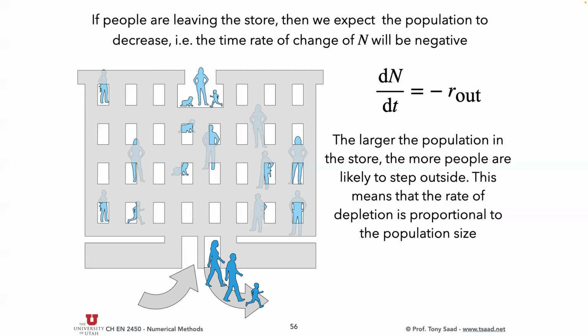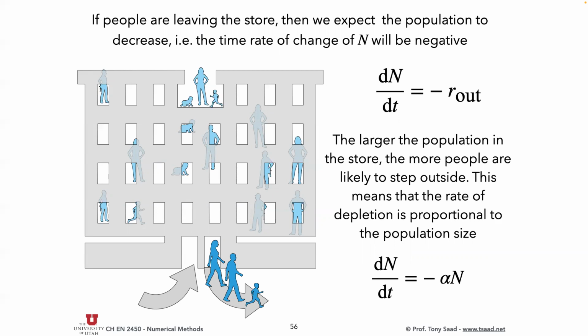Now, the larger the population in the store, like remember last time when we said the larger your population of paramecia or the lobsters, the more that they're going to reproduce. So the larger the population in the store, the more people are likely to step outside. This means that the rate of depletion of people is also proportional to the population size itself.